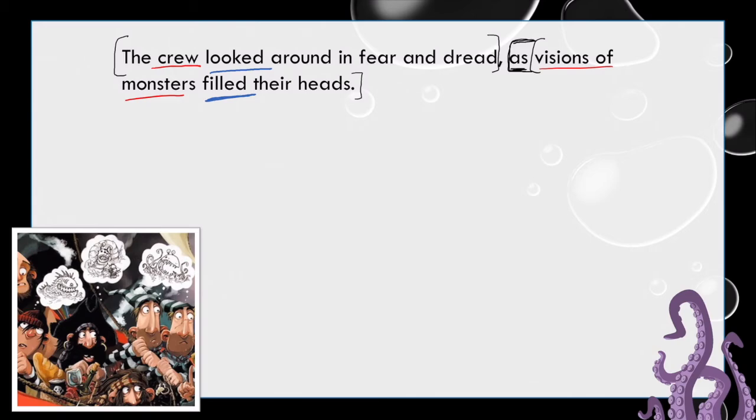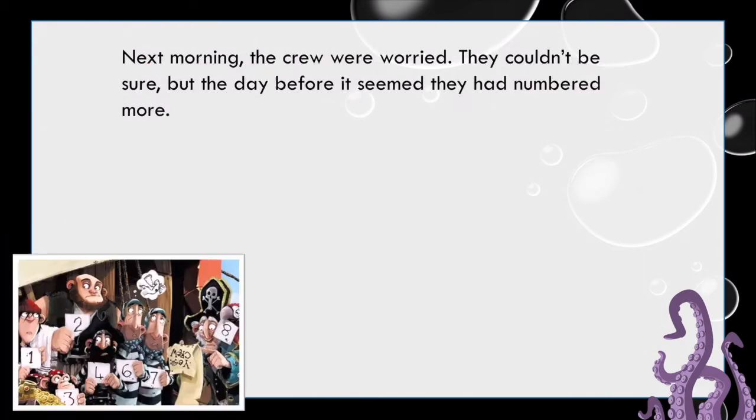We tell you what they're called, A, because we have to, and B, because it's useful to help describe these things to you. But it's not the end of the world if you don't remember what they're called. It's just important that your writing includes these sorts of things. You can see that this sentence is more interesting because it's not just the crew looked, it's the crew looked around, and how are they looking around? In fear and dread. We're adding these extra bits of information.